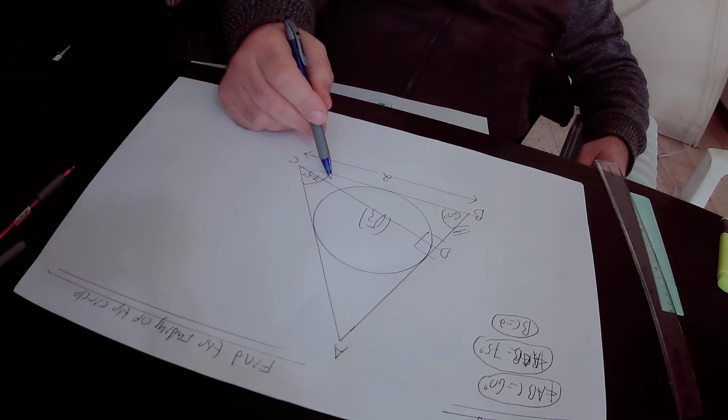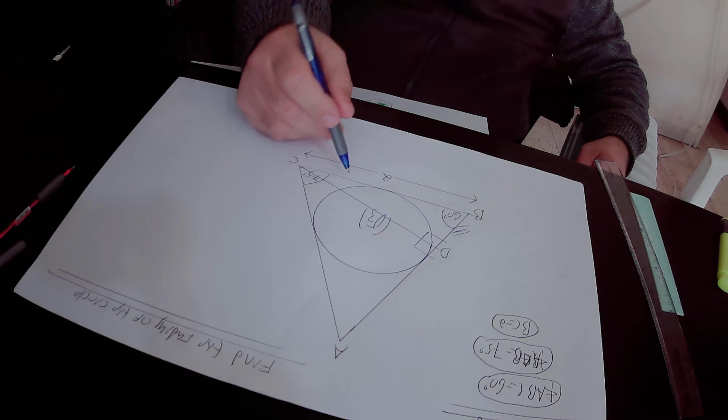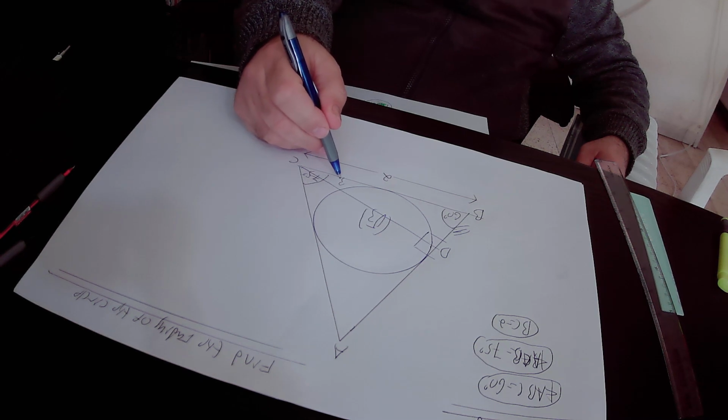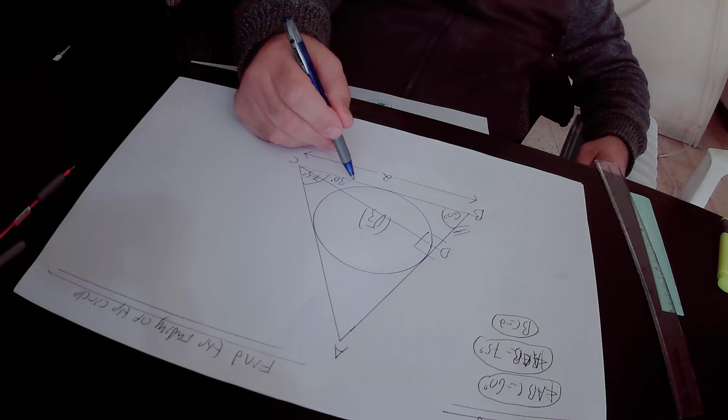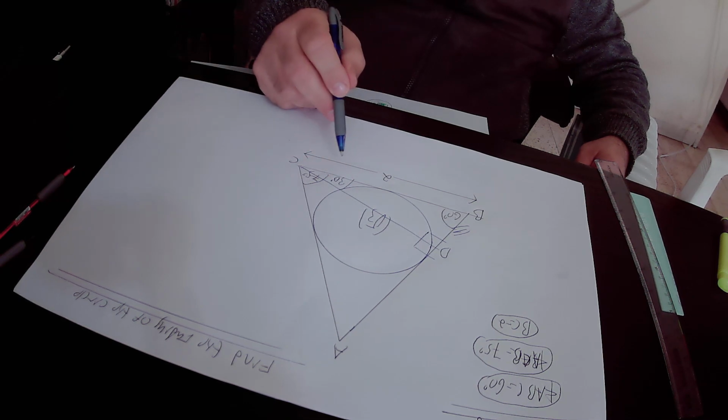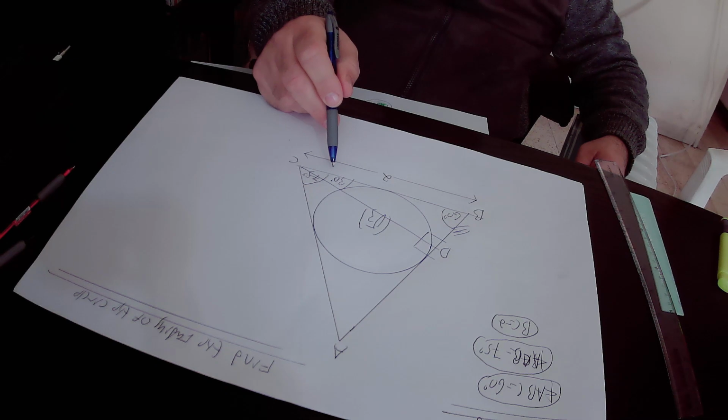So the missing angle here must be equal to 30 degrees in order to complete the sum of the angles in this triangle BDC to 180 degrees.